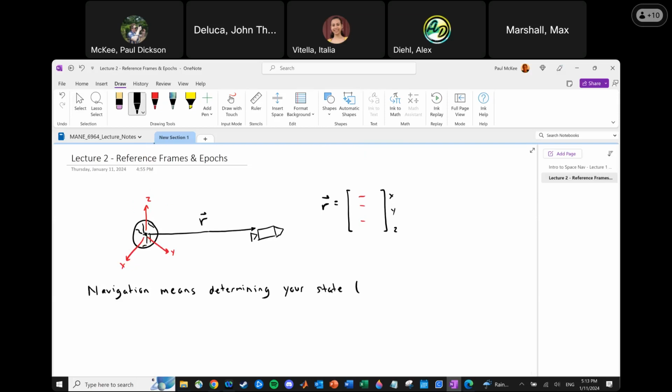And that would be position, velocity, and attitude, given available measurements of your surroundings.